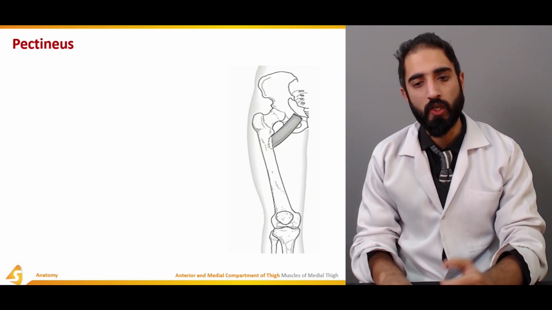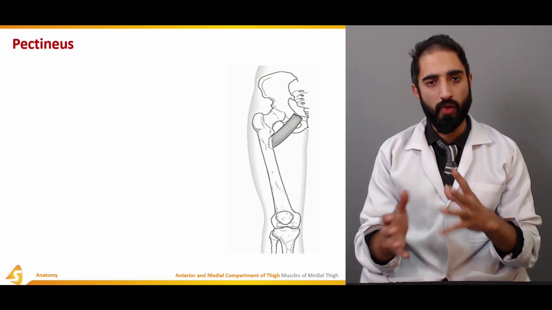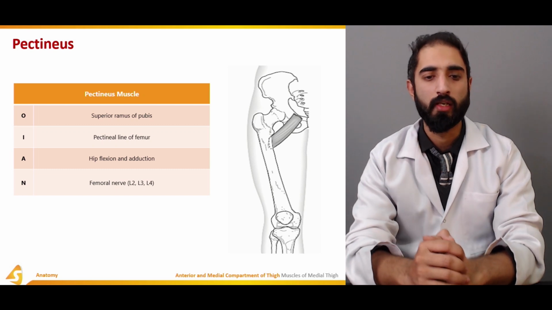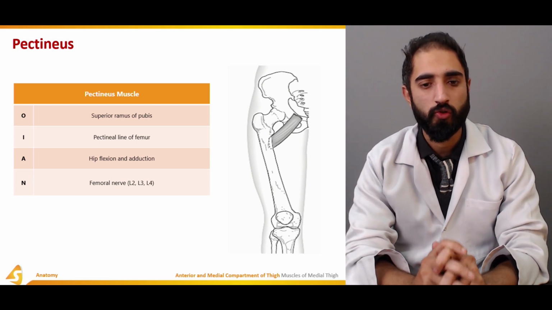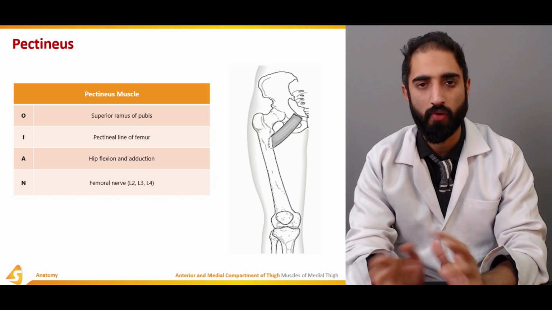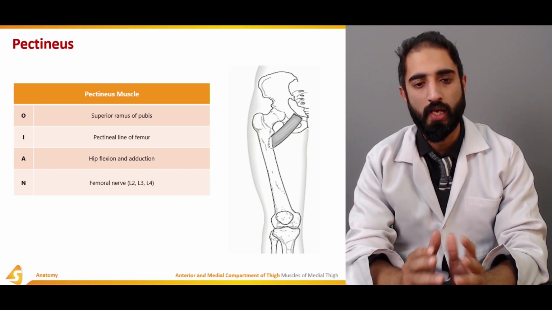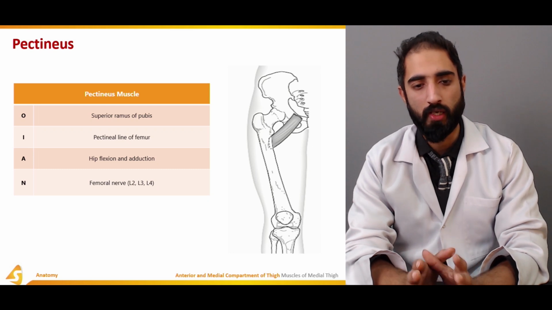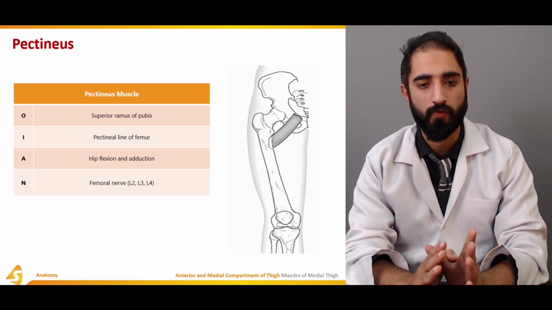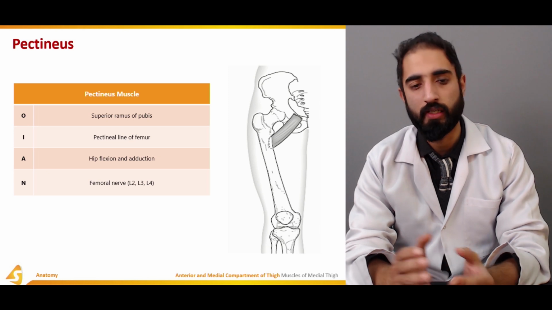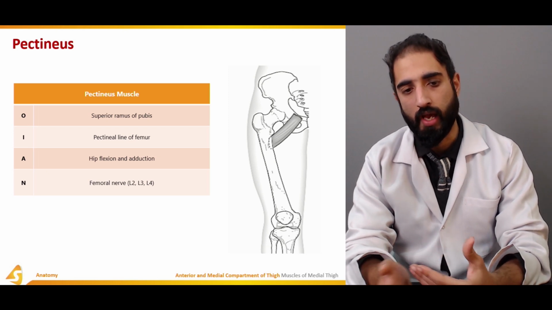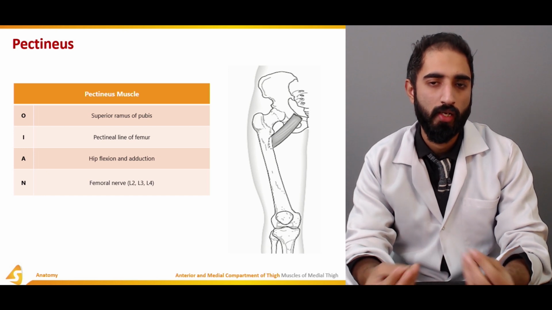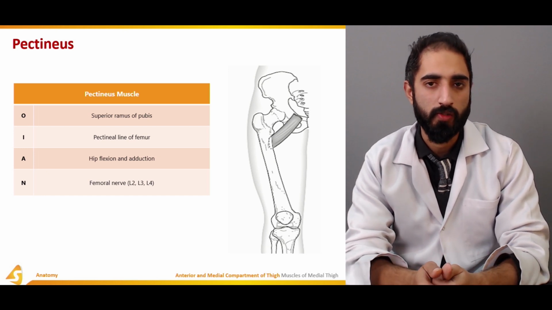Talking about another muscle, which is pectineus, it is not a very large muscle, it is small, and it is located on the medial aspect, and the origin is from the superior ramus of the pubis. As we already discussed, the pubis has two rami, the superior and the inferior rami. So its proximal attachment site is from the superior ramus, and then it moves on laterally and inserts on the pectineal line of the femur, which is actually named after the pectineus muscle.